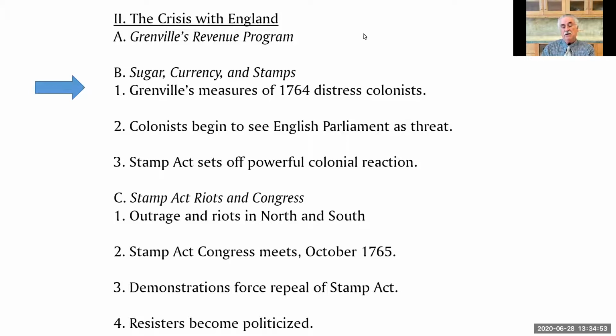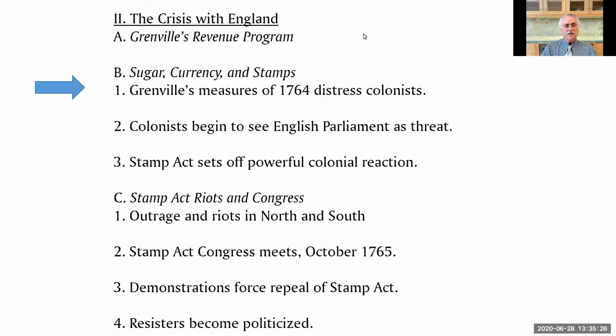And it added a number of products to what were called the enumerated lists, that is, lists of products that England very carefully wanted to monitor in order to tax. It strengthened those courts that we talked about, those vice admiralty courts. So raising taxes for revenues created even greater hardships than already existed.